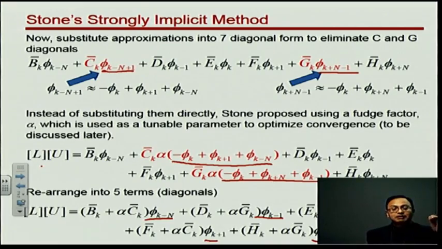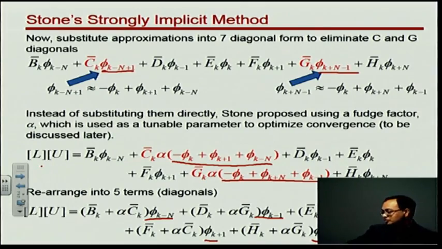Something other than 1 would give us something different from what came out of the Taylor series expansion. But then he said, I'm modifying my A. Who is to say that I need to use the exact Taylor series expansions? I can use anything I want. I can just modify them by some fudge factor alpha.